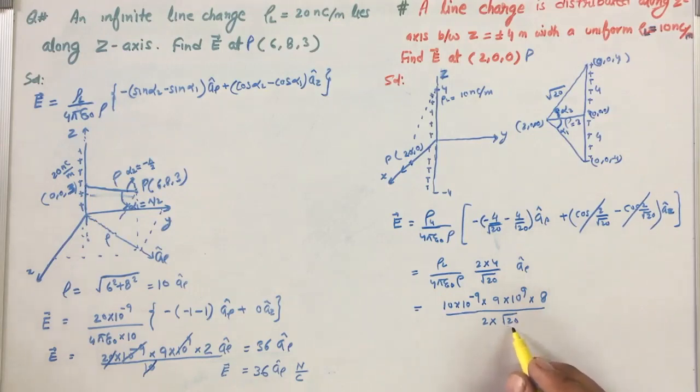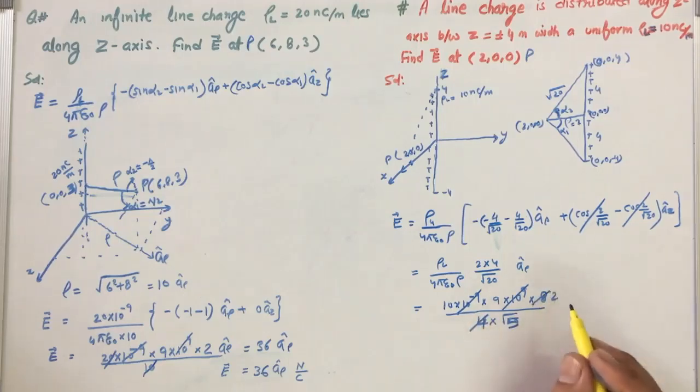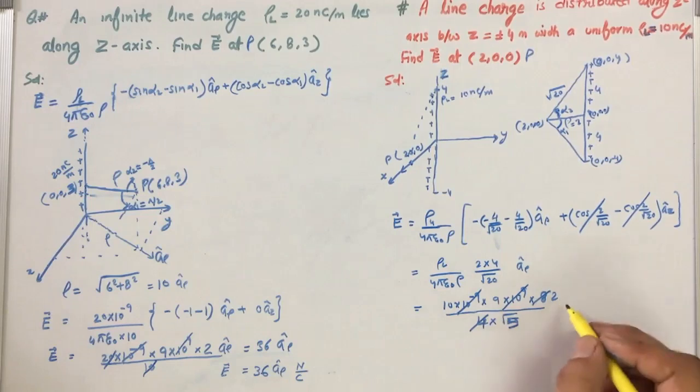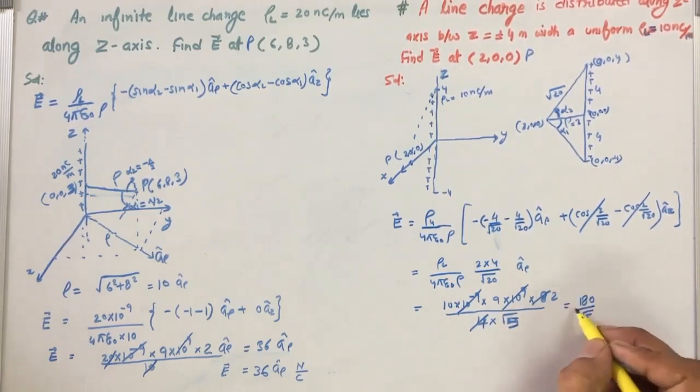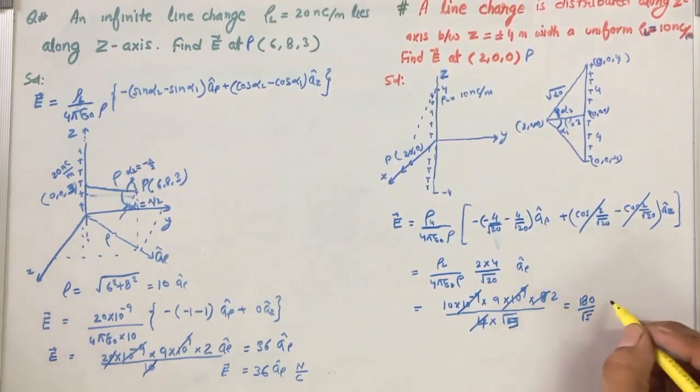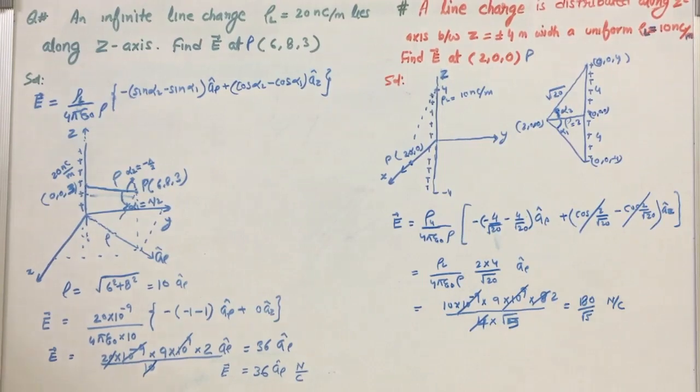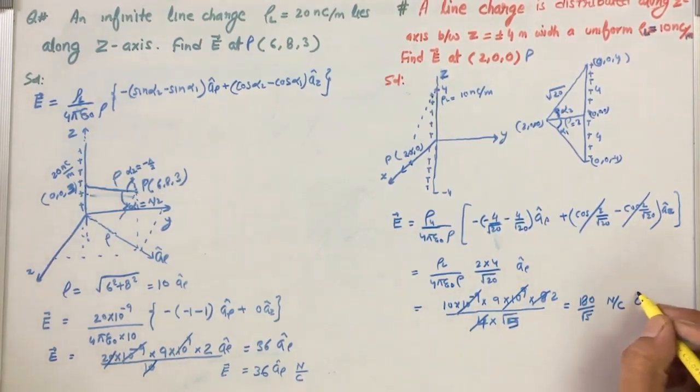When you solve it, it will be cancelled out. 2 will be out from here, so inside will be 5, here will be 4, 2. 180 divided by root 5, that is Newton per coulomb. It should be in the direction of AX.